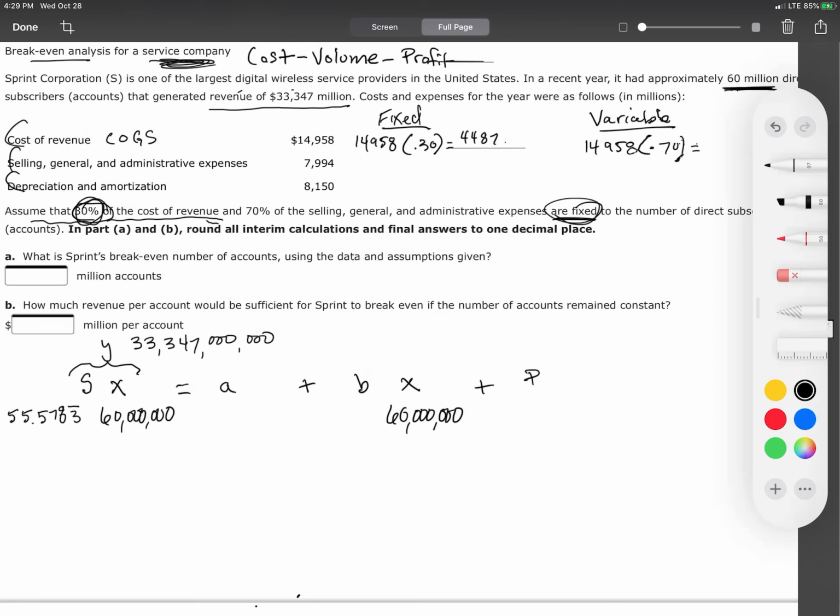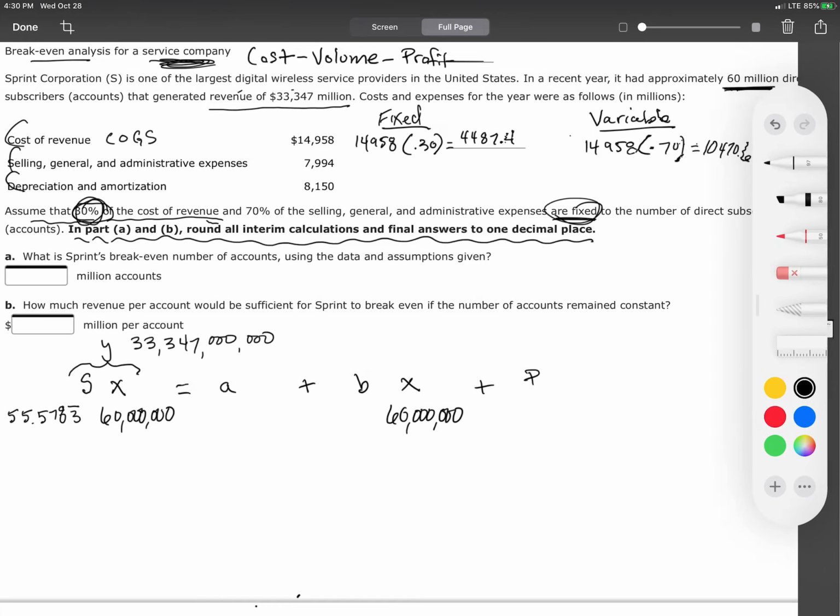That would give us 4487.4. By the way, the author says right here, round to the nearest dime, not to the nearest penny. And this would be 10470.6.